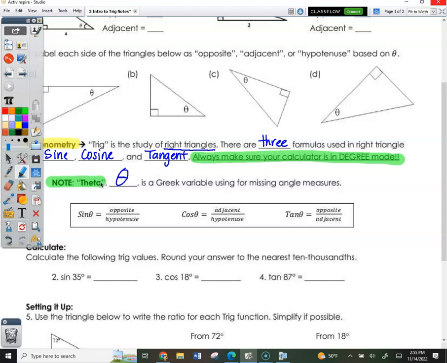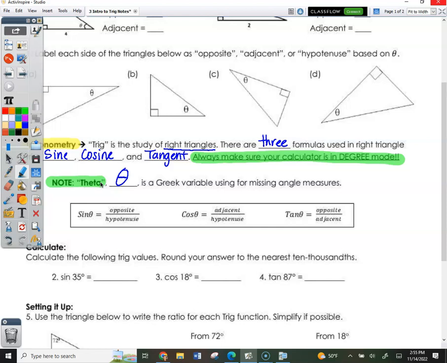Looks like an O with a line through it, but it is the word theta. I did not mispronounce it. That is a Greek letter of the alphabet, like alpha, beta, omega, gamma, sigma, nu, phi, epsilon. Theta is a Greek letter of the alphabet.